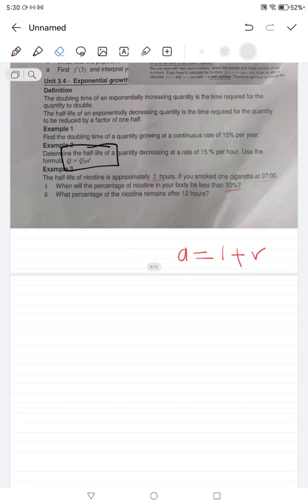So they're saying you have to use your Q equals your Q0, then you have your exponent t. So what do you have?